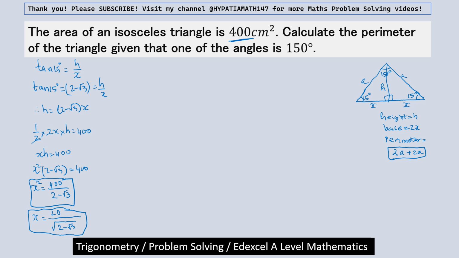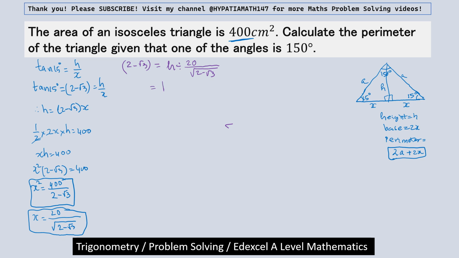So I'm going to write here x squared, x I've got. So 2 minus root 3 equals h out of x, which is h divided by 20 out of the root of 2 minus root 3.